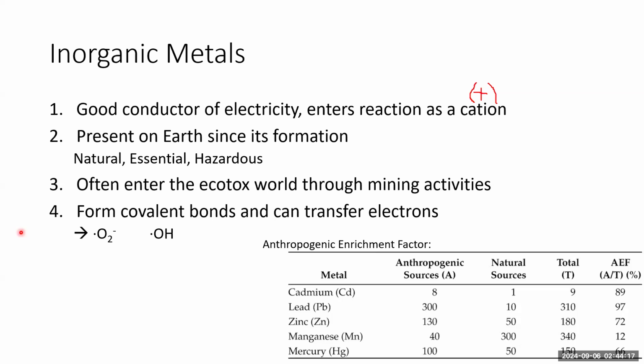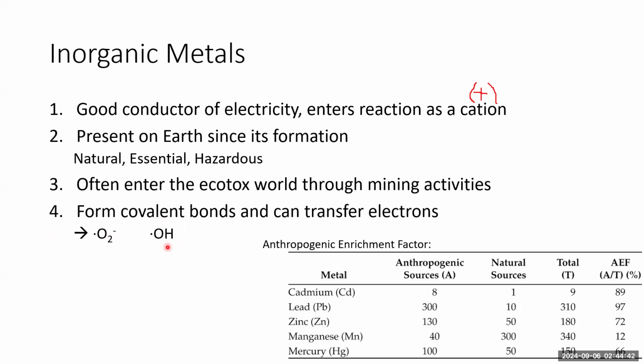Most notably, they'll react with either free oxygen or these hydroxide groups. They can remove them in the electron transfer process and just have free hydroxides ranging through the organism's body, and then they'll form a covalent bond with whatever that hydroxide group was taken off of.